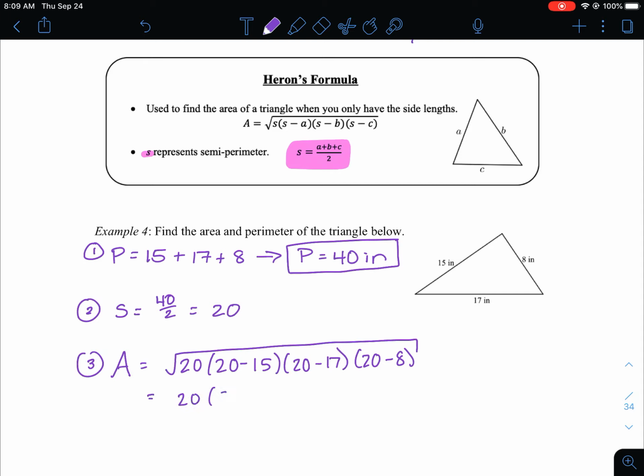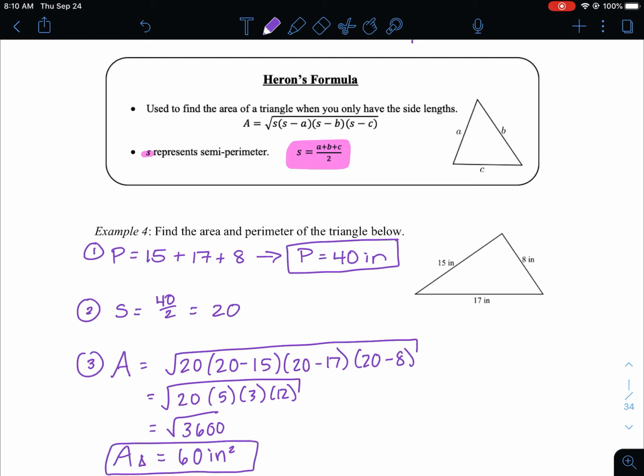So we get 20 times 5 times 3 times 12, which is the square root of 3,600, which means the area of our triangle is 60 square inches, or 60 inches squared. That's Heron's formula. Not super hard. That formula is not on your formula sheet, so that's one you're going to need to know. If you want, pause the video, try the your turns, and then come back and check your answers.